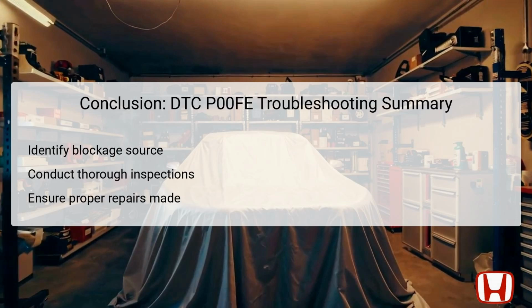In conclusion, troubleshooting DTC P00FE requires a systematic approach to identify and resolve blockages within the EVAP system. By conducting thorough inspections of the fuel tank system, EVAP canister, and ELCM, technicians can pinpoint the exact cause of the DTC.